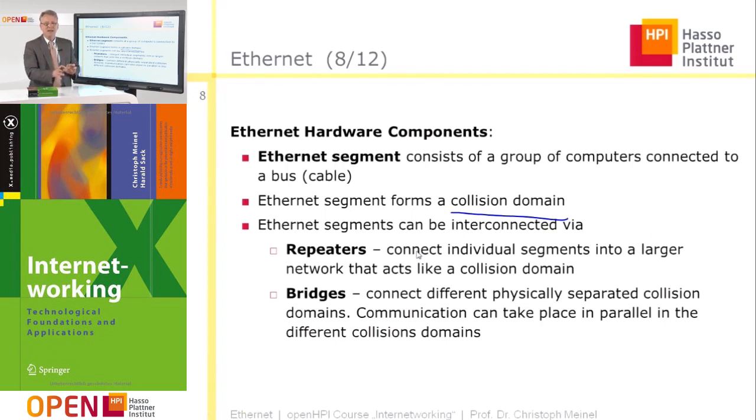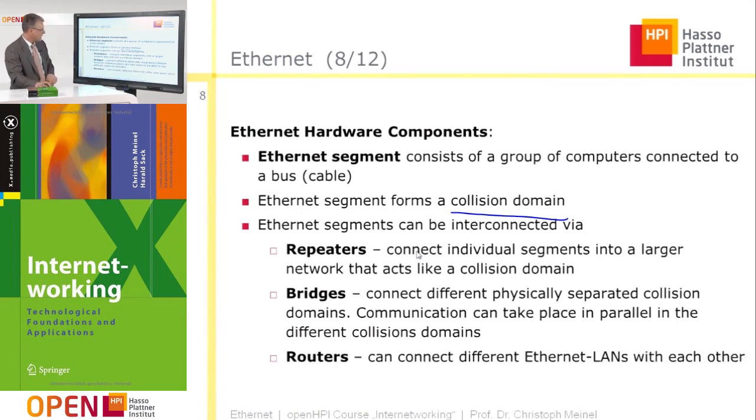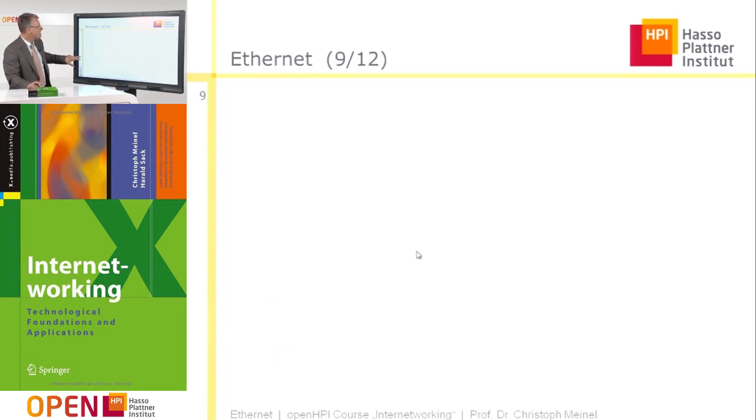The bridge makes this decision if the addressee of the package is in the other network, but only in that case. If the addressee is not in the other network, then the package is not transferred. And then we have routers that may connect different Ethernet LANs with each other.